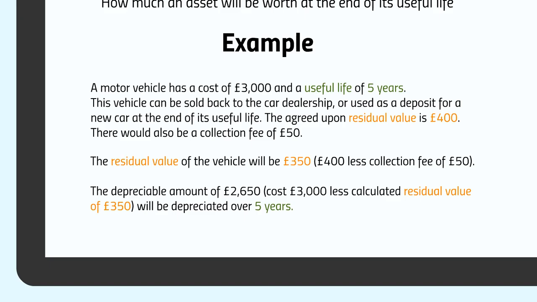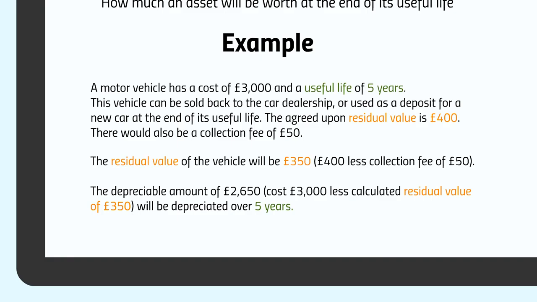Why is that? Well, we have the £400 agreed upon residual value. That's how much you're going to get back if you sell it back to the dealership at the end of the 5 years. But there is the collection fee that will reduce that. You're going to have to pay a collection fee. So what you do there, you basically cancel them out and you say, okay, well, let's say it's a £350 residual value and that accounts for the collection fee of £50.